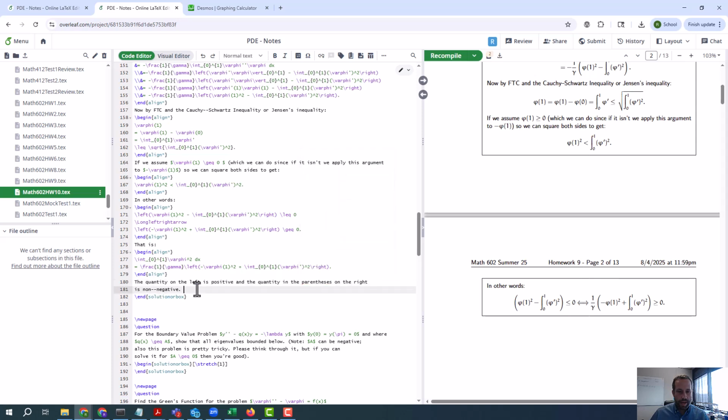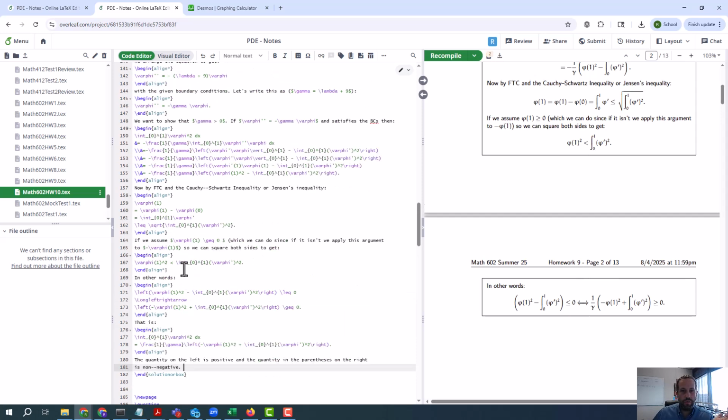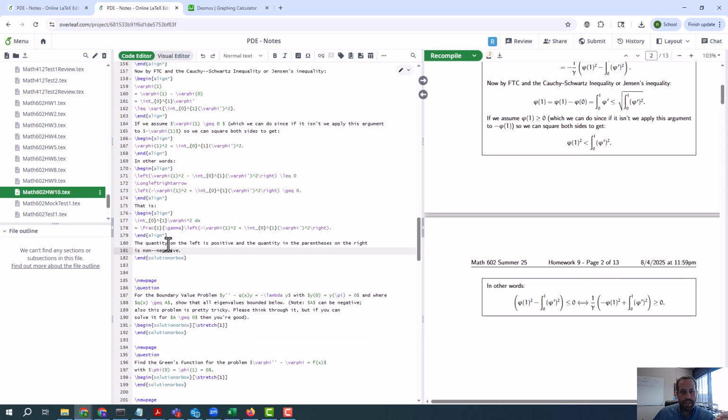Now, if gamma is not equal to 0, we're going to assume for a moment that gamma is not equal to 0, the right-hand side is non-negative. Actually, sorry, this right here should be less than or equal to.